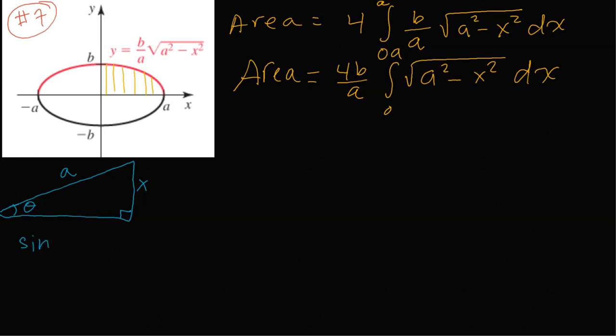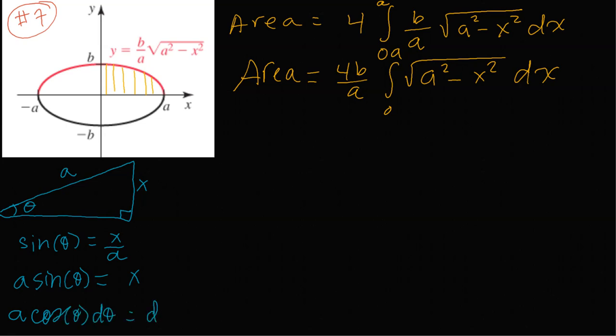So sine of theta is going to be x over a, or we would say x is going to be a sine theta. So dx is going to be a cosine theta d theta.